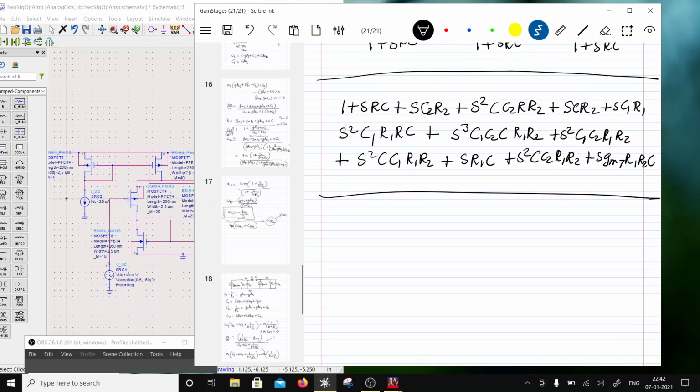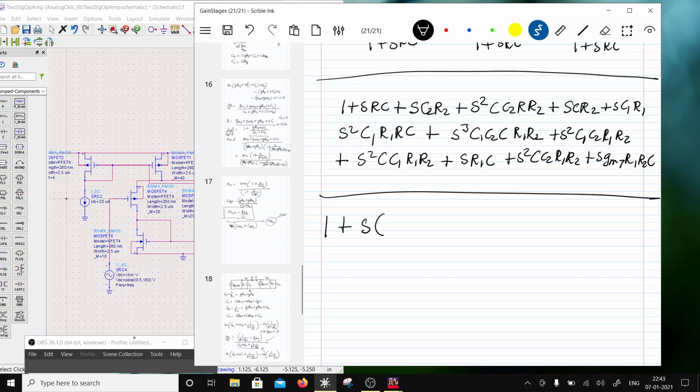Okay, you have 1 plus S terms, right? Okay, so let's collect those terms, S terms. Okay, so let's collect the term of S with R1. So S with R1, this one.